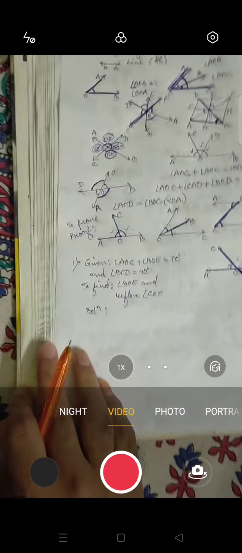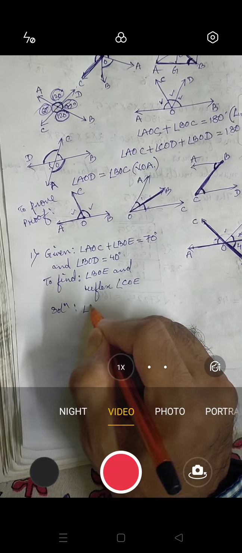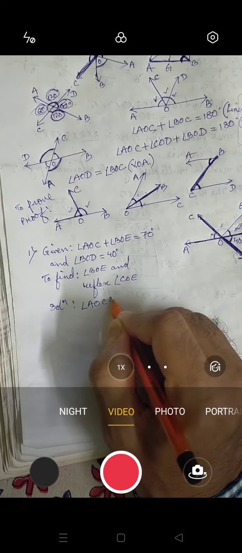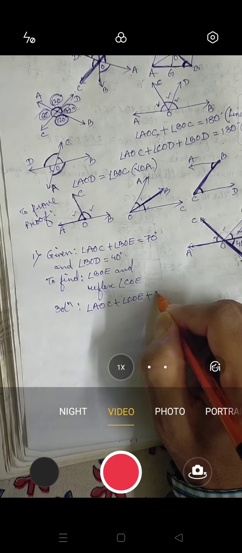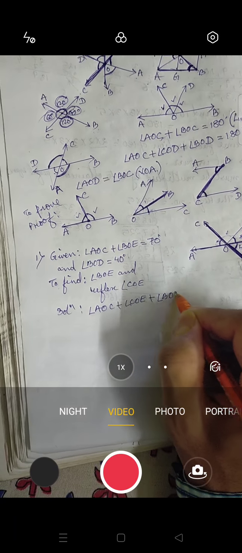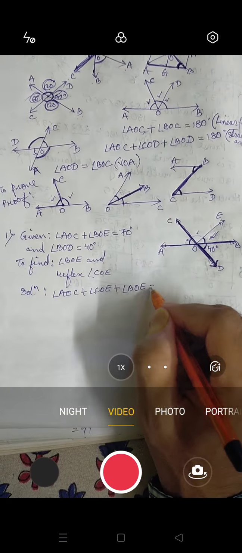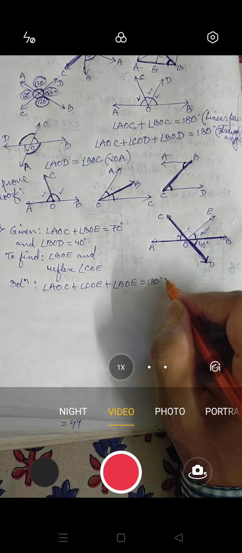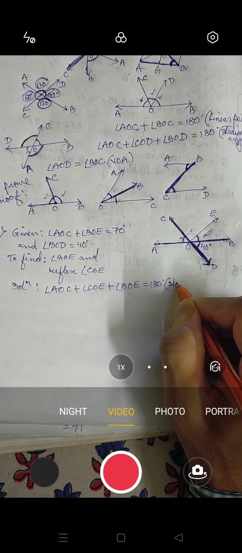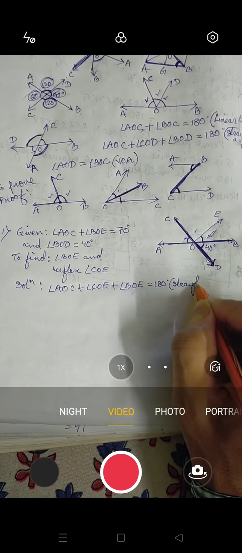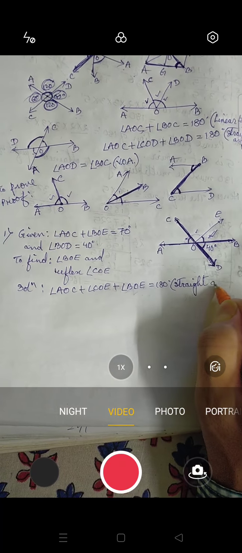So I'll say solution: angle AOC plus angle COE plus angle BOE equals 180 degrees, and you have to write the reason, and the reason will be straight angle.